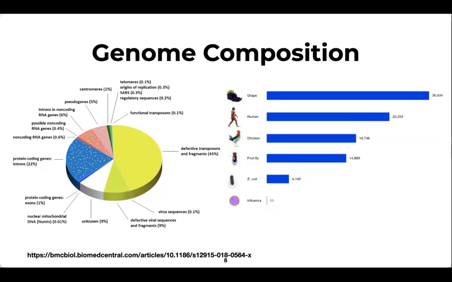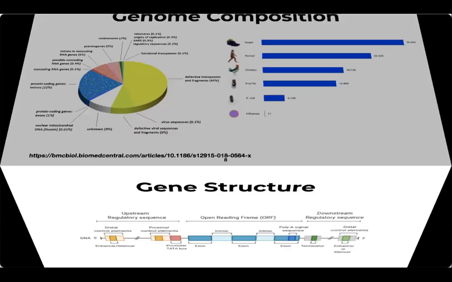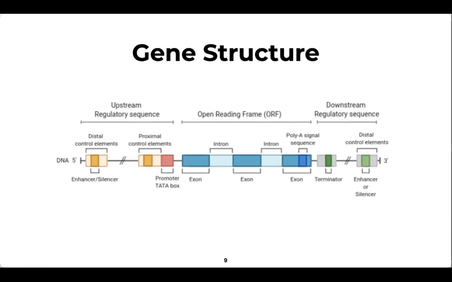So these complexities are the main reason for the diversity, the different organizational complexity and the variety of different organisms.